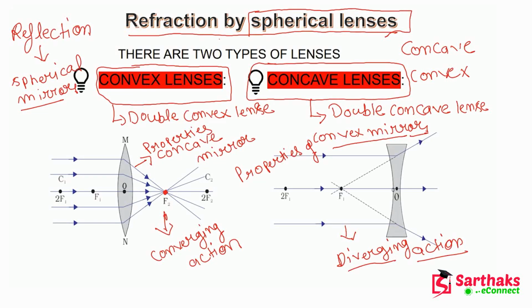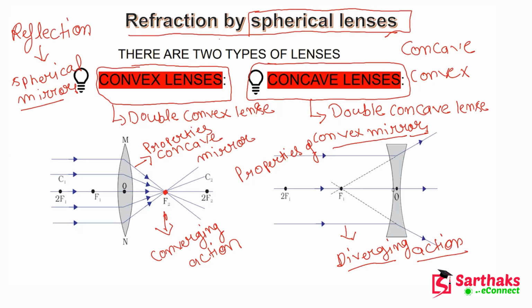Now remember the case of mirror. When we were studying reflection, the concave mirror was performing converging action. But here, the convex lens is performing converging action.